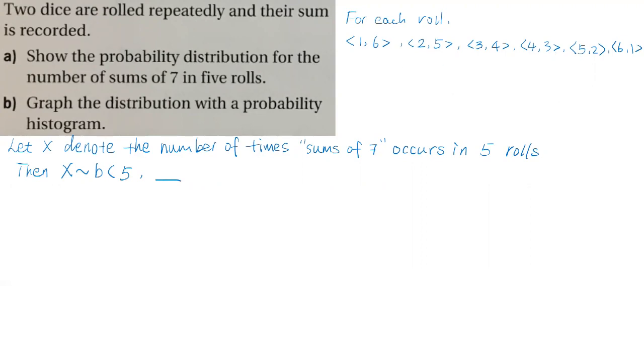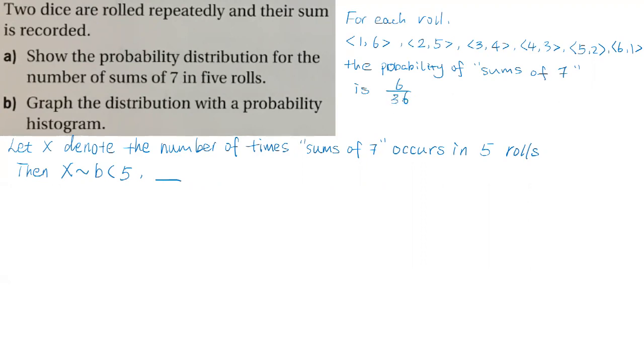We have 6 sample points in this event. So the probability of a sum of 7 is 6 over 36, right?